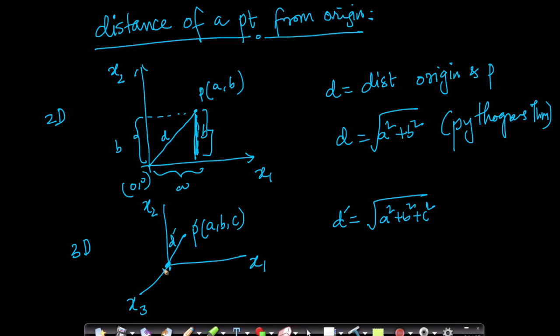Now my immediate question is, this is what it is in 2D, this is what it is in 3D. What about ND? If I have an n-dimensional point, what is the distance of that point from origin?